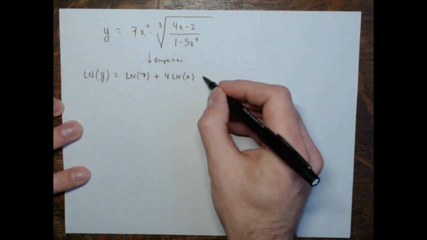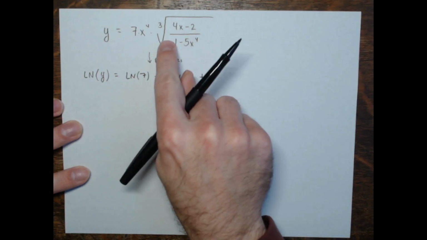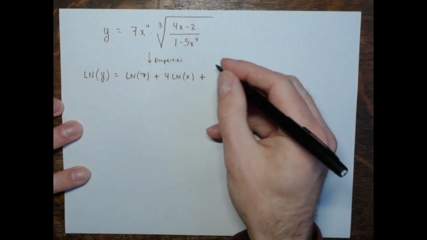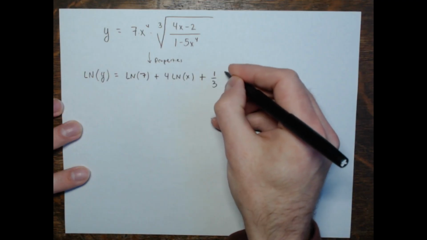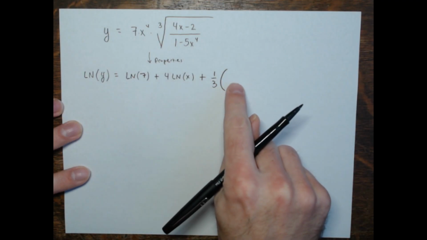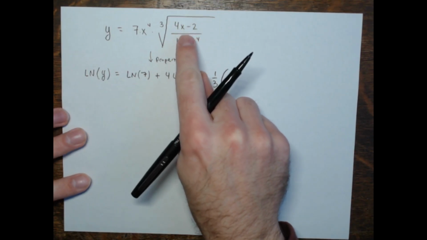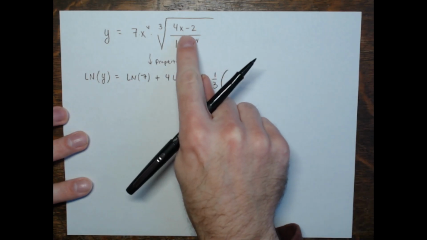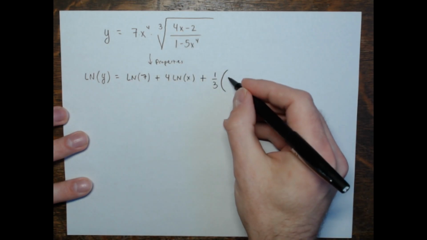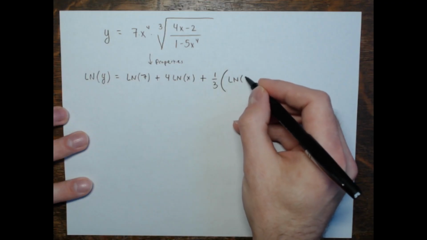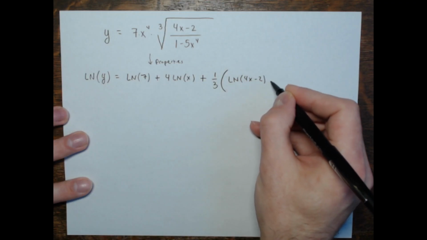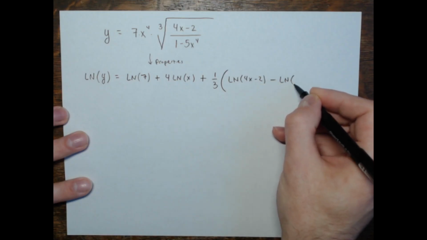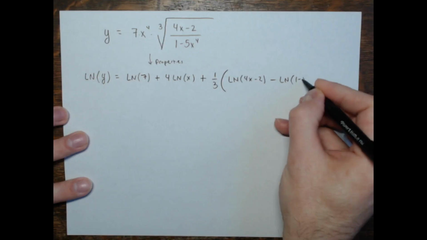And, you've got times here, plus, and then this whole thing is to the 1/3 power. So I have 1/3 pulled out times everything, the natural log of this fraction in here, which I'm going to rewrite as the natural log of the numerator minus the natural log of the denominator.